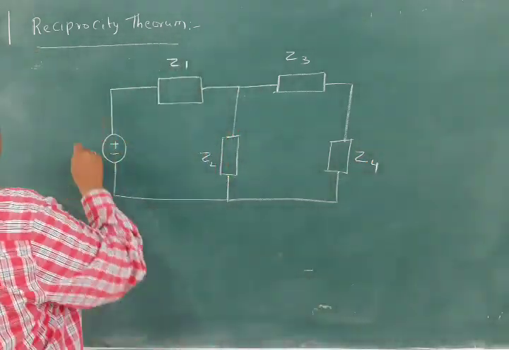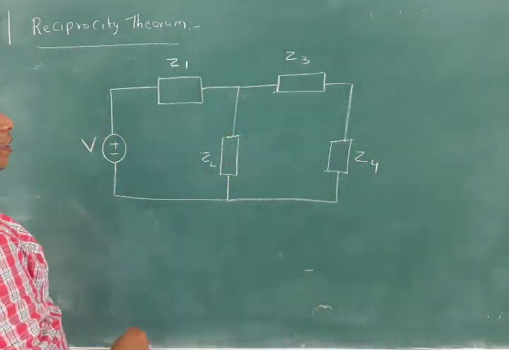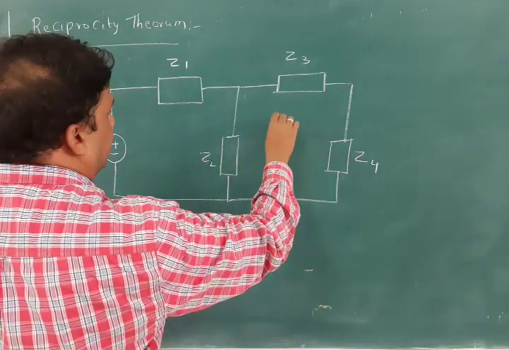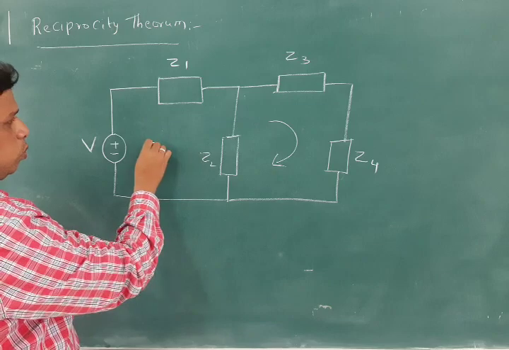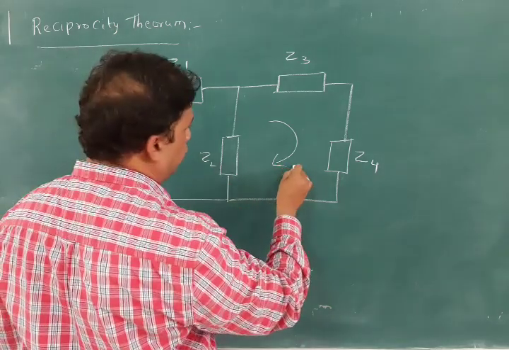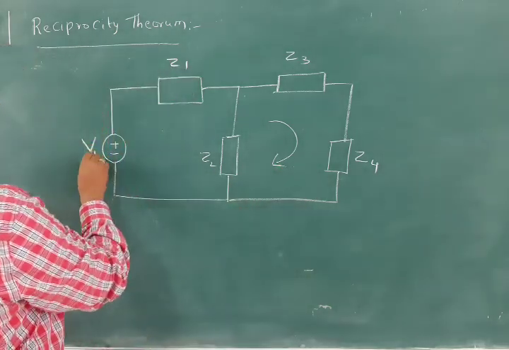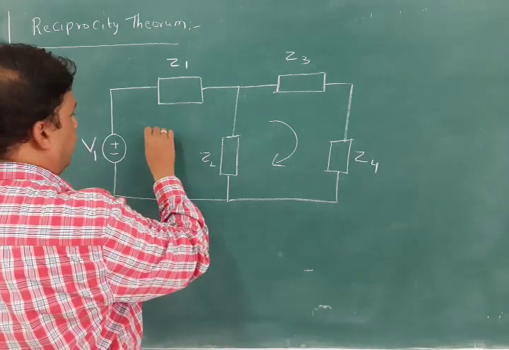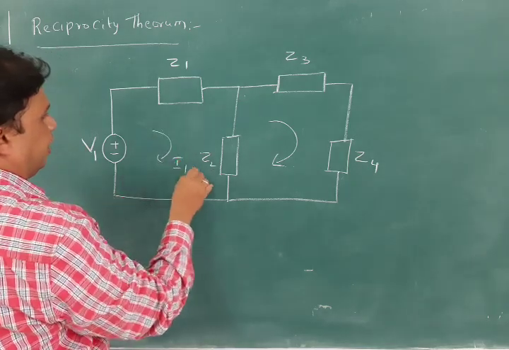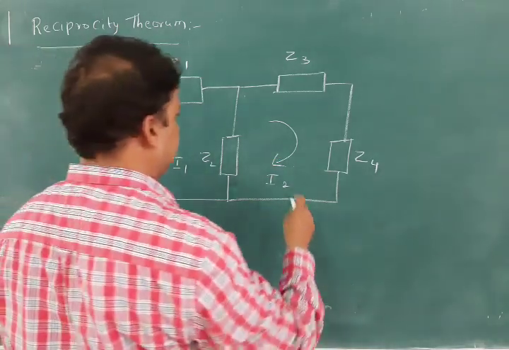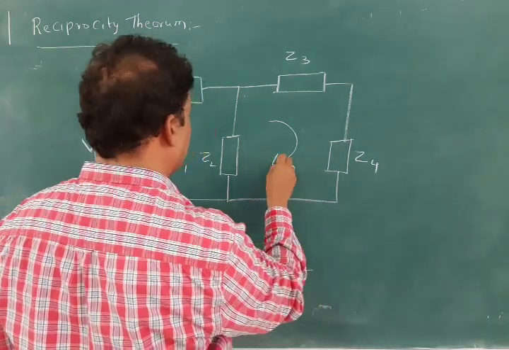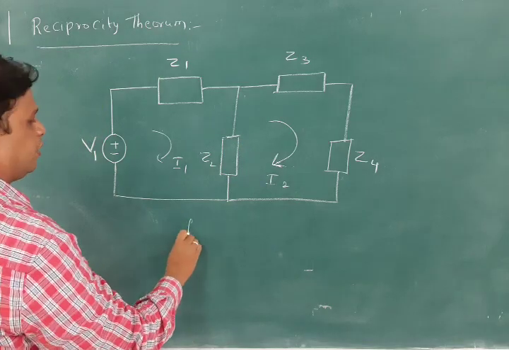This is the voltage applied. You can see there is a loop 1 current as well as a loop 2 current. This is loop 1 current and this is loop 2 current. This is loop 1 voltage V1, and the currents are I1 and I2. So this is figure 1.